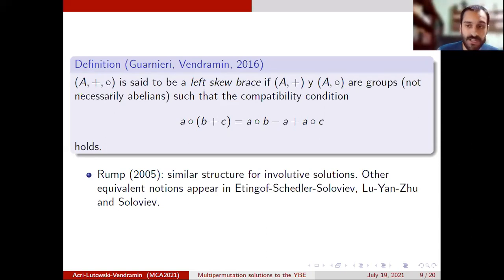A similar structure was defined by Rump to study involutive solutions, and equivalent notions appear in the works of Etingof, Schedler, and Soloviev, and Lu, Yan, and Zhu. This structure is quite similar to a ring, so we can use group theory to study solutions, as we were doing so far, and with this new structure, we can also use tools from non-commutative ring theory.